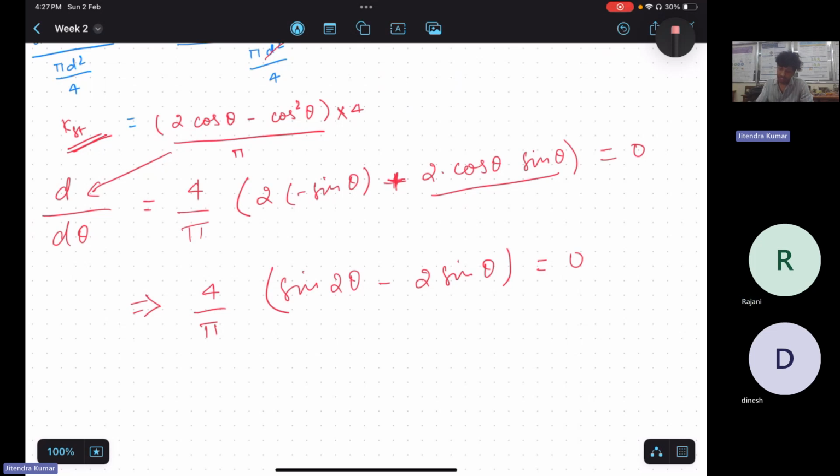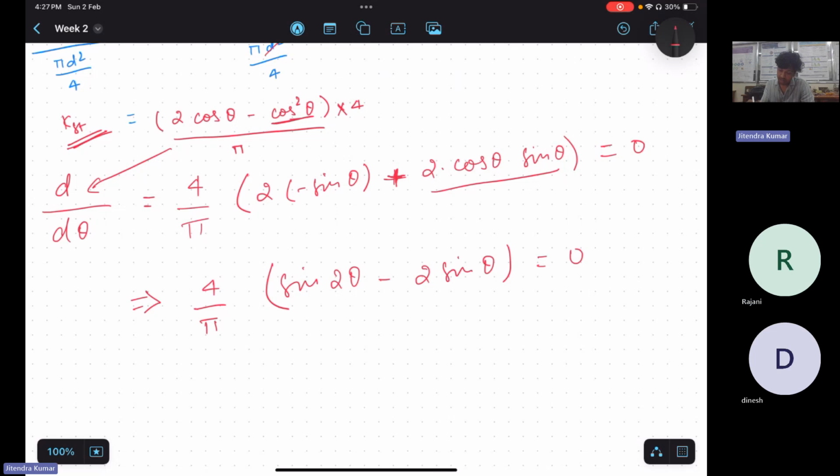Oh no, one mistake I did here. See, 2 into cos square theta differentiation will be sin square theta, isn't it?